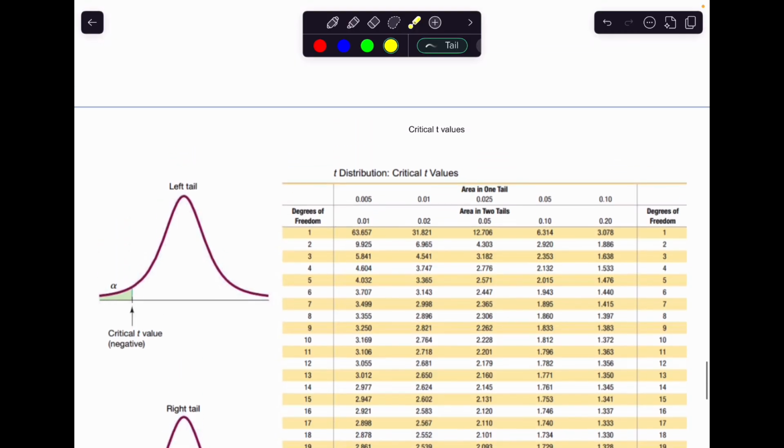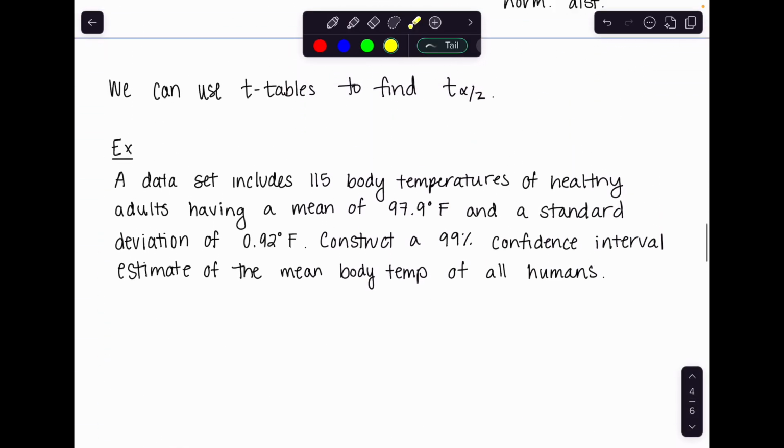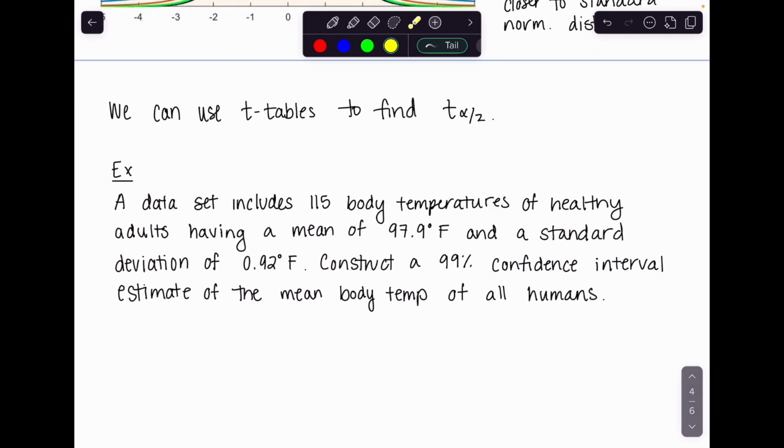Okay. So let's try an example. A data set includes 115 temperatures of healthy adults having a mean of 97.9 degrees Fahrenheit and a standard deviation of 0.92 degrees Fahrenheit. We want to construct a 99% confidence interval to estimate the mean body temp of all humans.